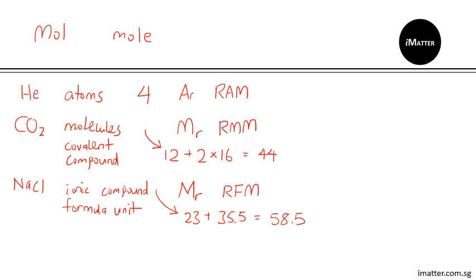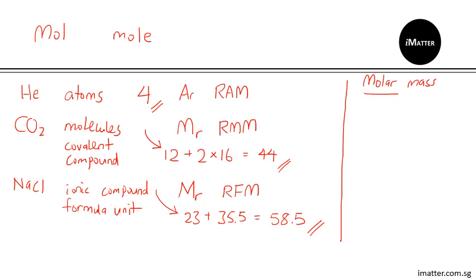Now, for the purpose of O levels, your relative atomic mass, in this case 4 for helium, relative molecular mass 44 for CO2, and relative formula mass for NaCl, do not come with units. However, be also mindful that we use another term known as molar mass.